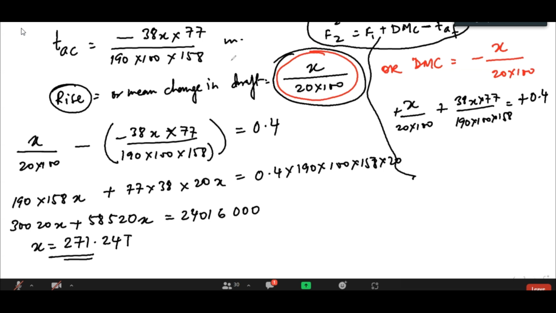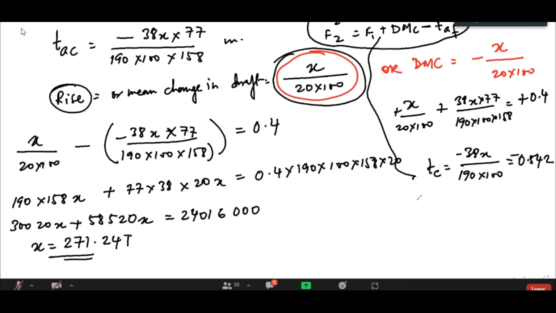Once we get the x ka value, so from x we can apply into TACL. Or in fact, ideally x ka value मिल गया, we just find out what is the TC. Yeah. TC is equal to trimming moment, that is 38x divided by 119 into 100. 0.542, right?